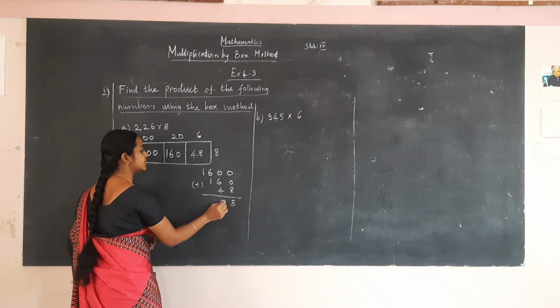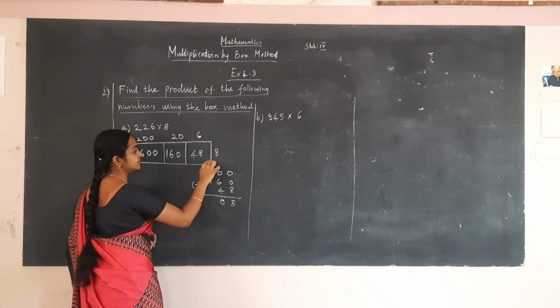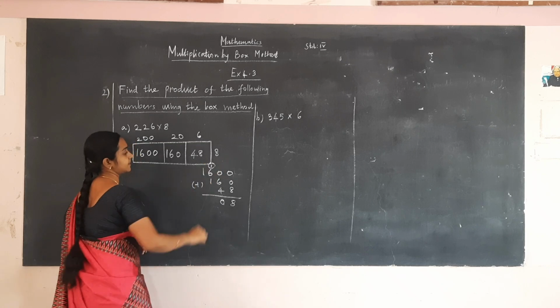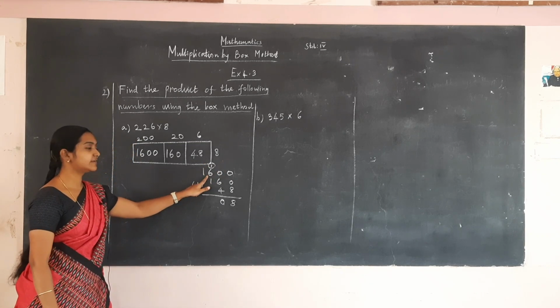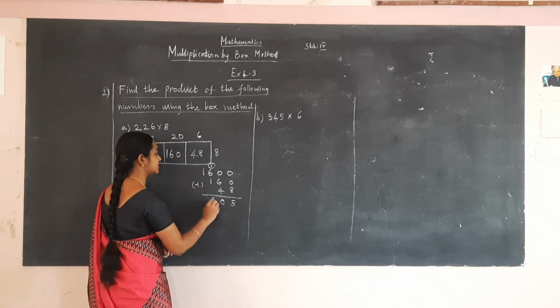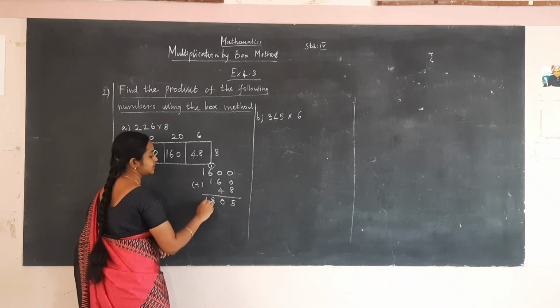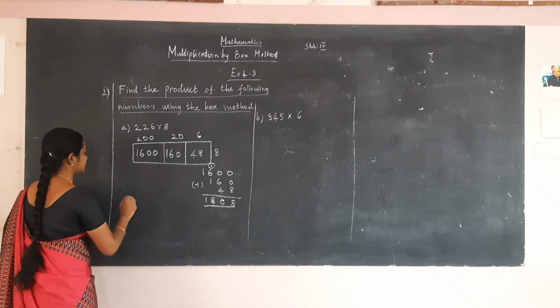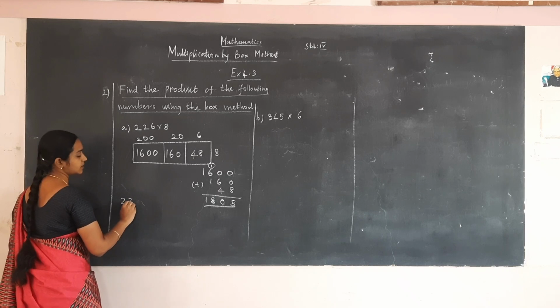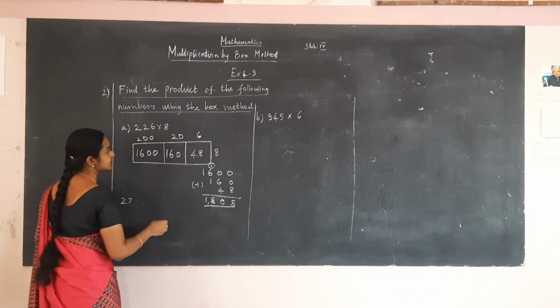So write 0 here and 1 is carried to next place. 6 plus 1 is 7. 7 plus 1 is 8. Here we don't have any number, so write 1 as it is. So the answer is 1808.